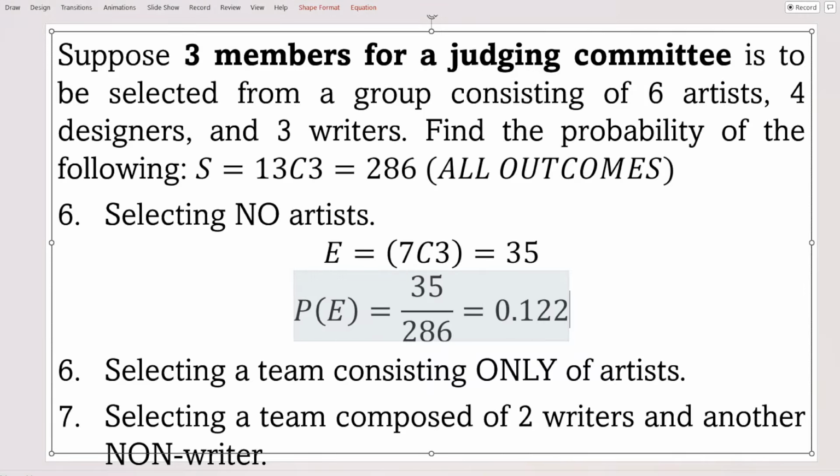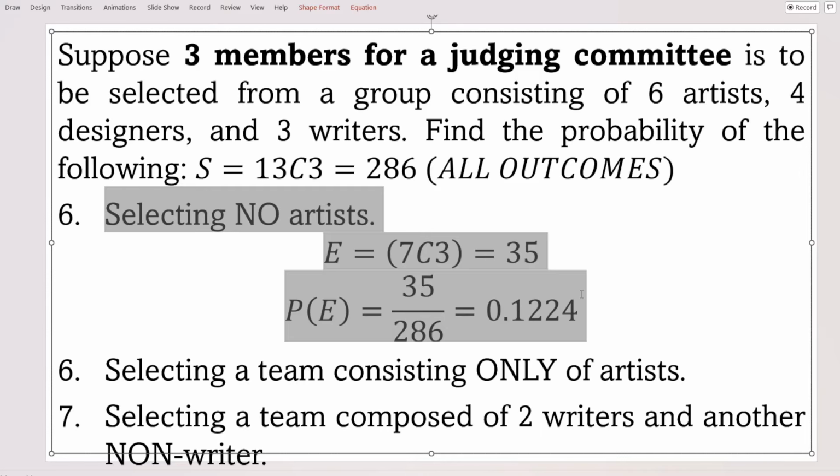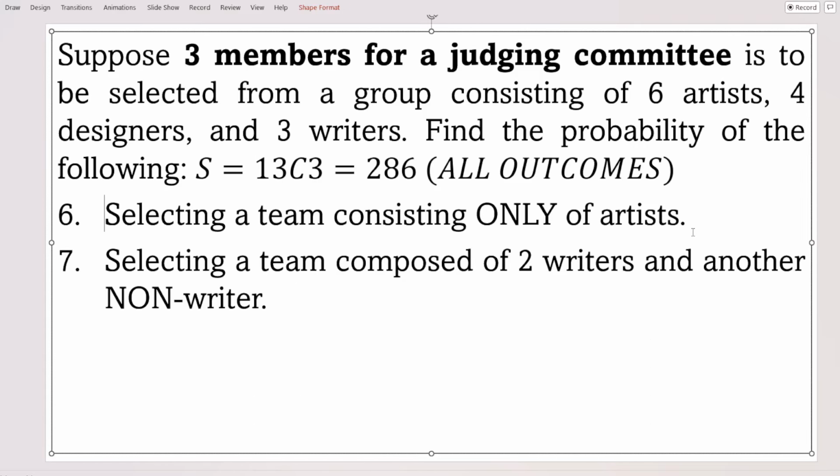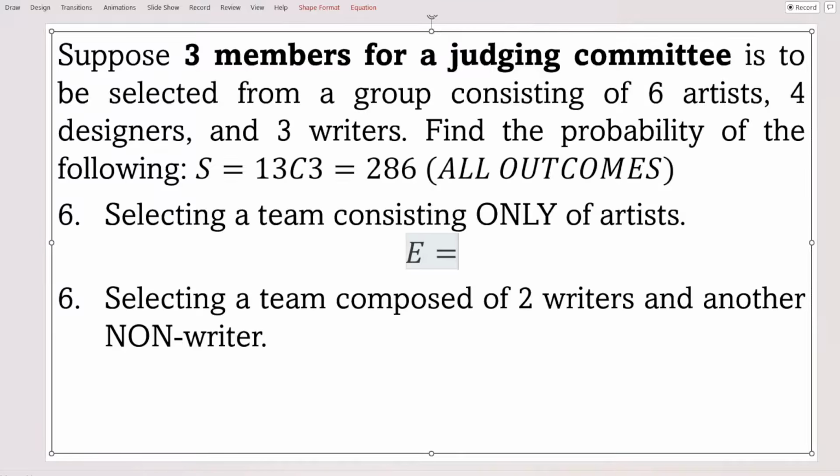The decimal is 0.1224. That is the answer to selecting no artists. Next problem, selecting a team that is composed of only artists. This is actually an easier one because how many slots do we give to the artist?